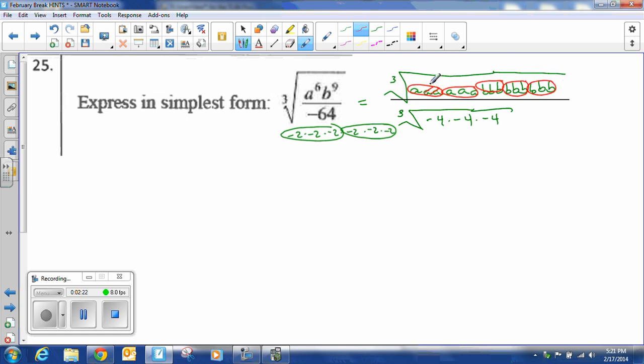And 2 don't make it, 1 makes it out. 2 don't make it, 1 makes it out. Same thing here, same thing here, same thing here.